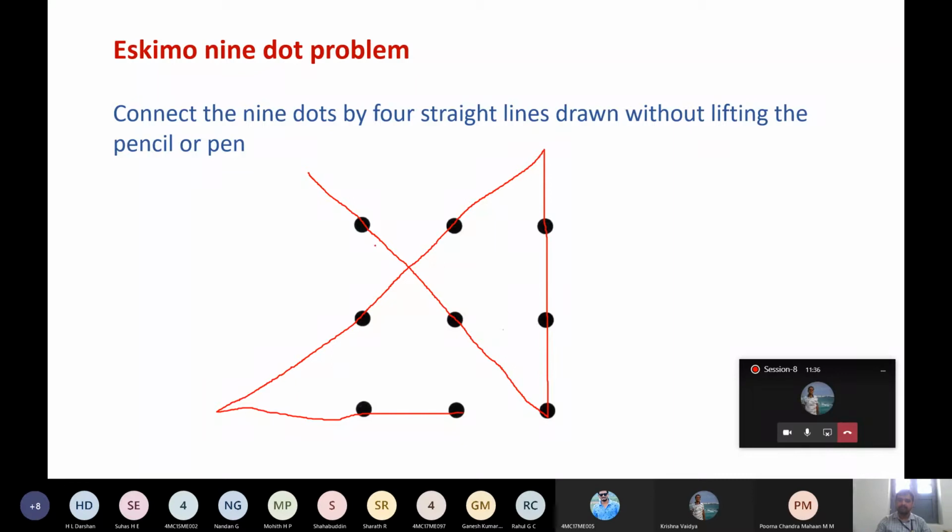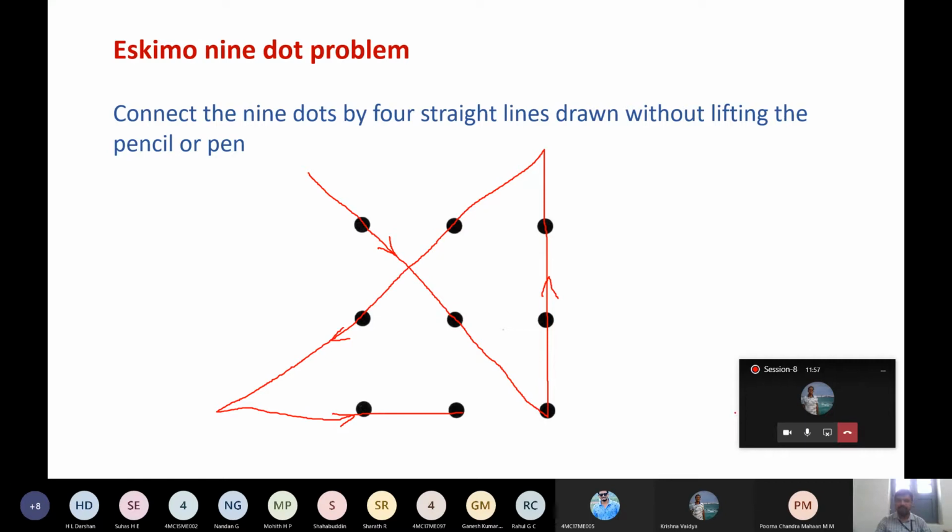This is the first line, the second line, the third line, and the fourth one. Now I have used only 4 lines, 1, 2, 3, 4, and connected all 9 dots.